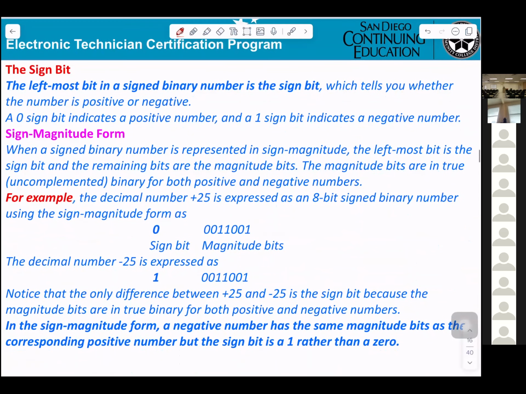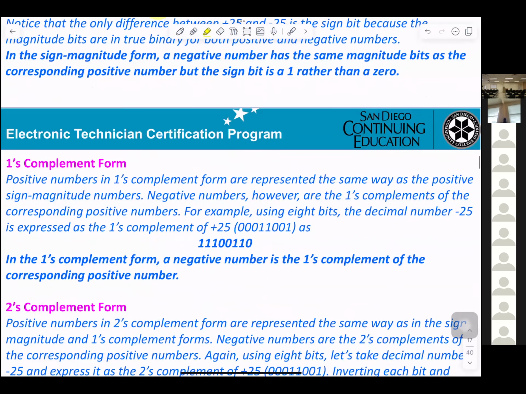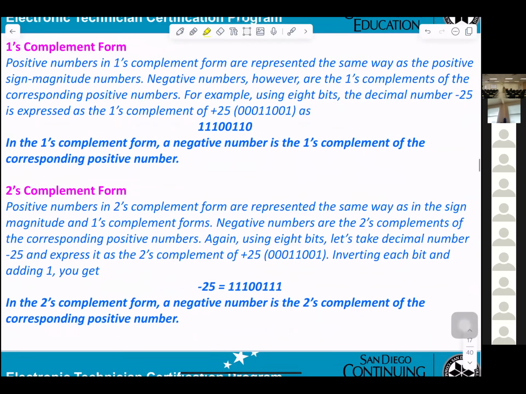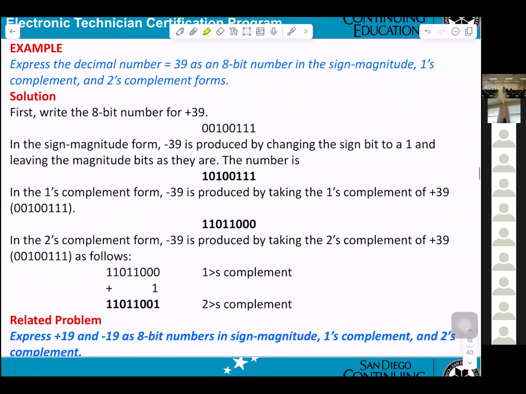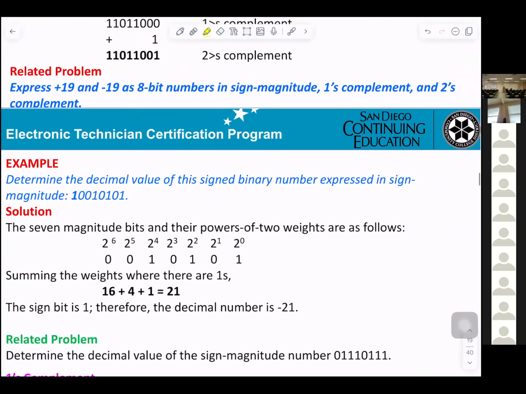Like you get 0, 0, 1, 1, 1, 0, 1. The bit here, 0, is 0 for positive. And if the sign bit is 1, that means a negative number. But we do not do anything with that. First complement, second complement, we don't care, we don't work on that.